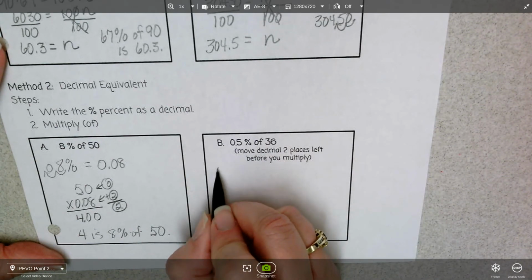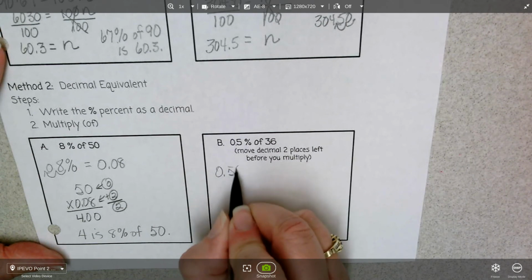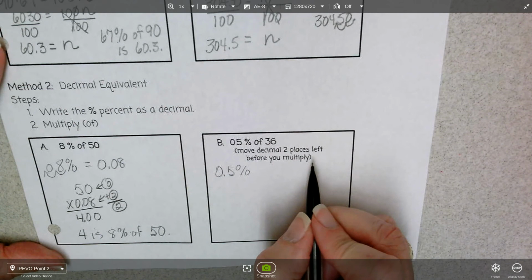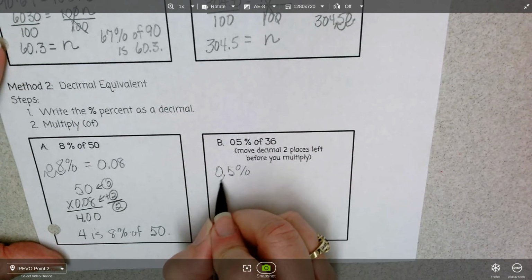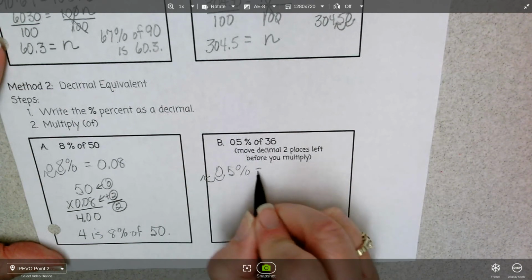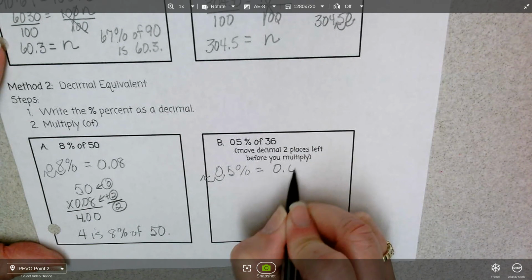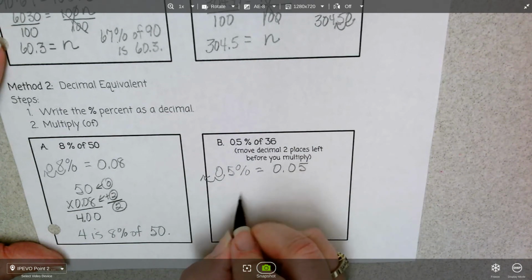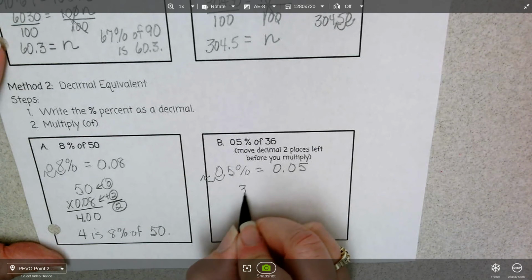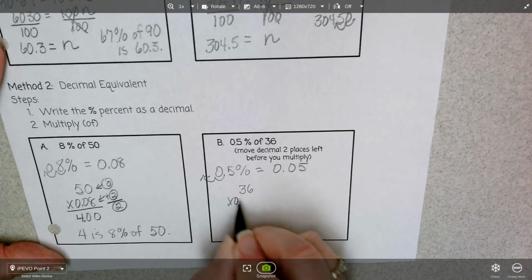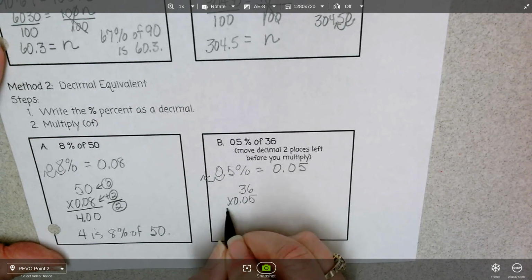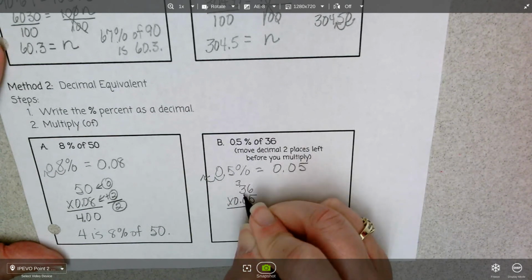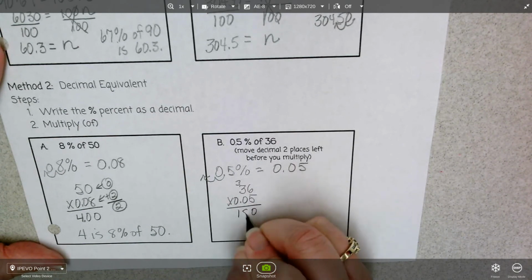Okay, so let's look at this one. We've got 0.5%. We're going to divide by 100, which means we're going to move it 2 places to the left. So our decimal is 0.005. And let's multiply that 5/100 now times our 36. 5 times 6 is 30. Carry my 3. 5 times 3 is 15, plus 3 is 18.